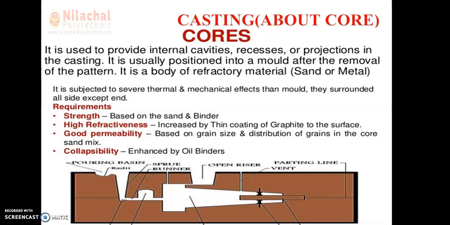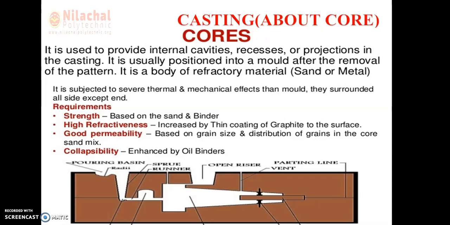So let us discuss another term which is frequently used in casting, and the name of that term is core. Basically the core is used for producing hollow castings. Cores may be made manually or by use of machines.